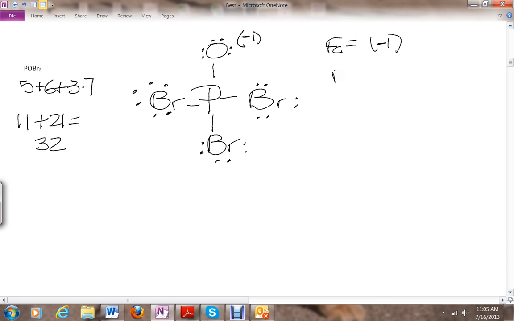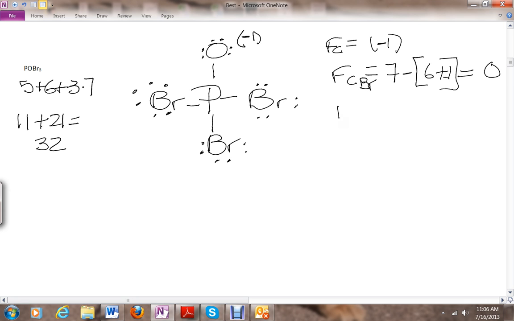On the bromine, let's do the bromine, we haven't practiced it. It's 7, the valence, minus how many unshared? 1, 2, 3, 4, 5, 6, right? Plus 1. Basically, you want to put the halogens, which only need an electron, on the side. So it's going to be 0.